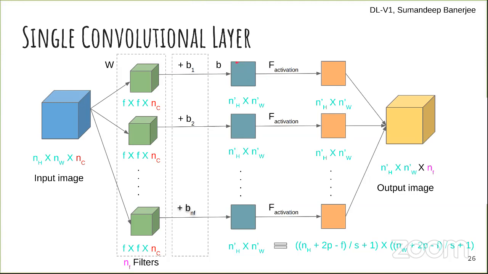So for this particular first filter, we get an output from the convolution operation as nh dash into nw dash, that means there are nh dash into nw dash number of pixels. Then we have a nonlinear activation function of our choice, which is applied to every pixel independently. So the output is the same size as the input before the activation, but now the output is processed via a nonlinear activation function.